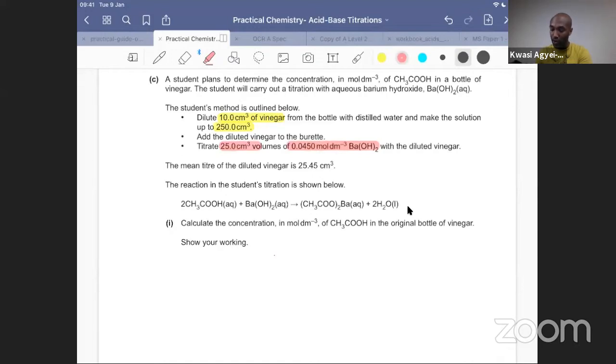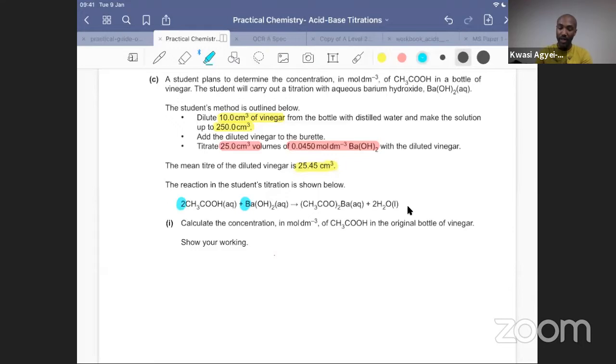So I know which numbers are to do with barium hydroxide, and I've been told that the mean titer of our diluted vinegar is 25.45. So all the yellows belong to vinegar, and the reds belong to our barium hydroxide. And then we need to make sure that we're aware of the molar ratio, which is 2 to 1.